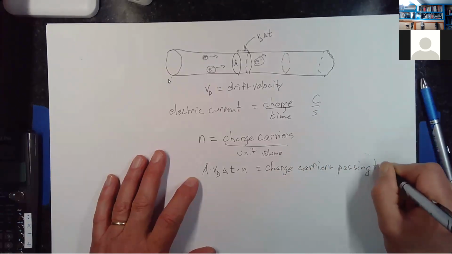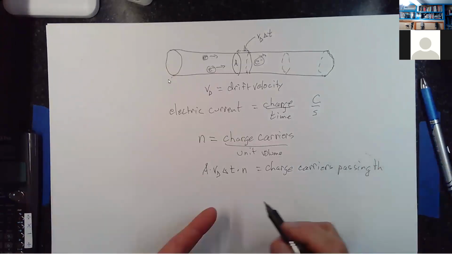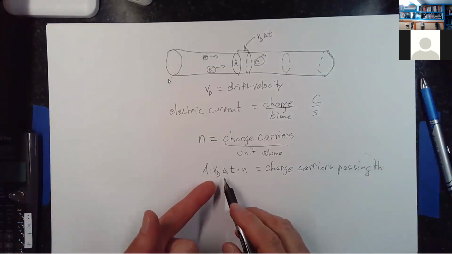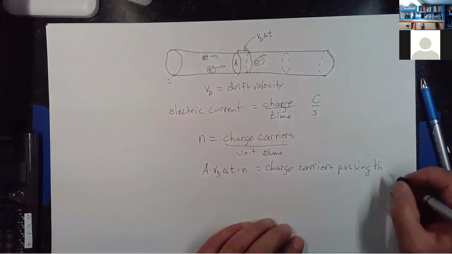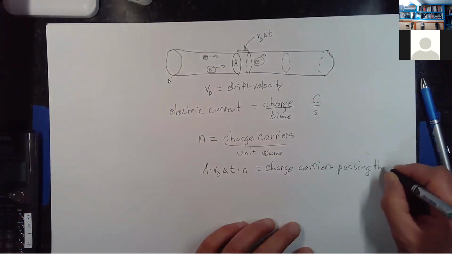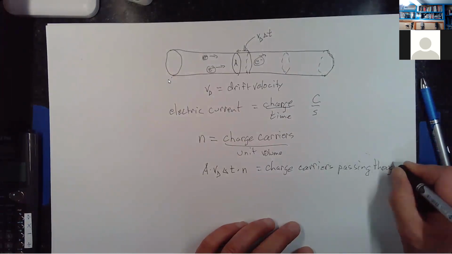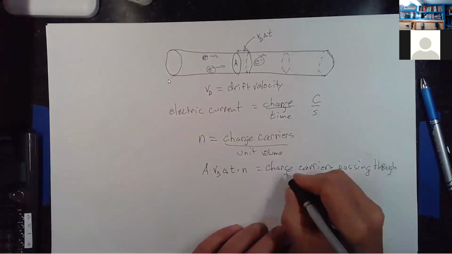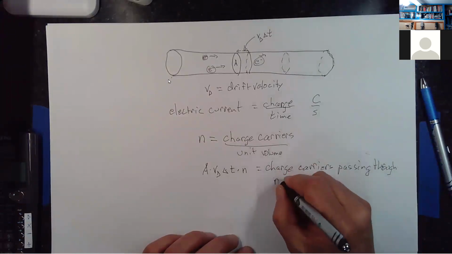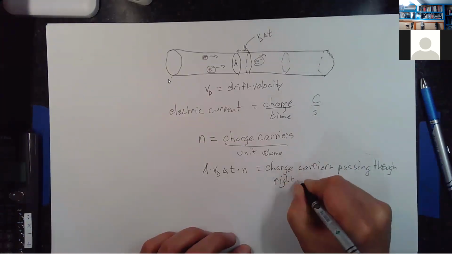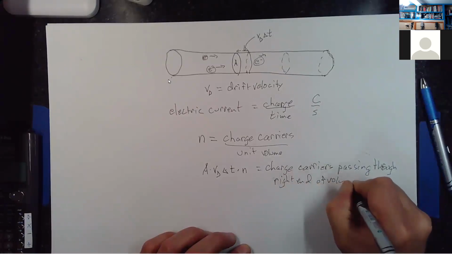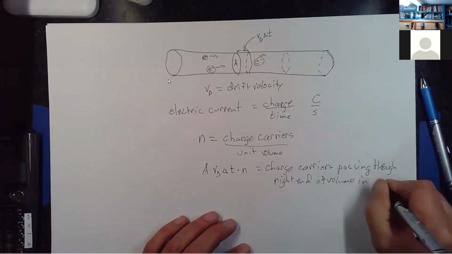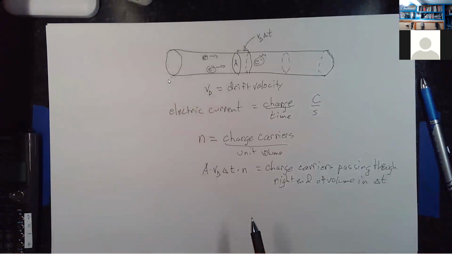That should be the same everywhere in the wire, although we picked a particular time interval here. Passing through the right end of the volume in delta T. Well, how much charge will that be?